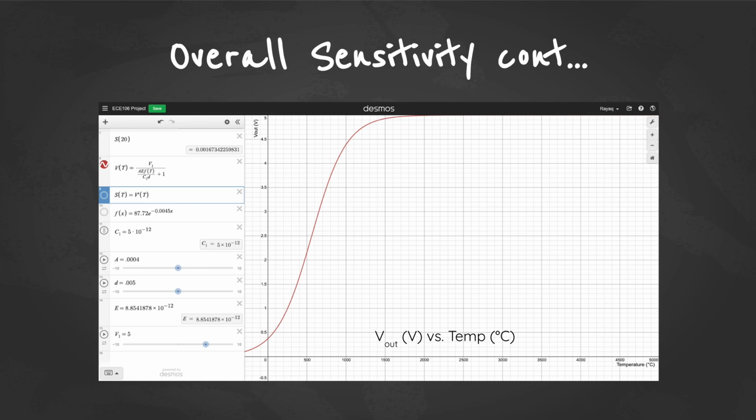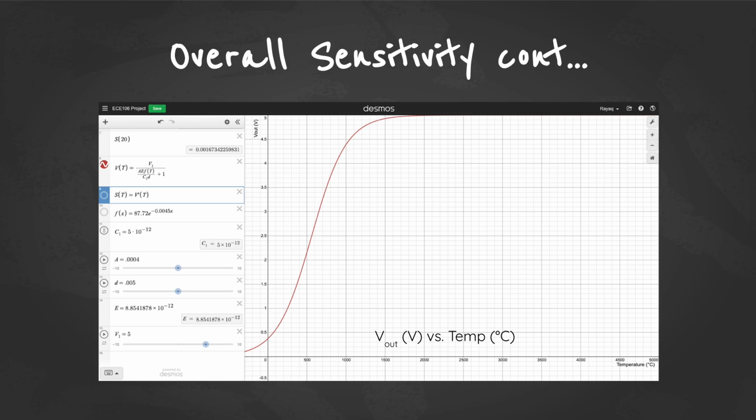On the left hand side, I should have mentioned that we have defined some specific constants, where our V1 value is equal to 5. So we can see that our function is approaching our maximum V1 value, or V source value, asymptotically.